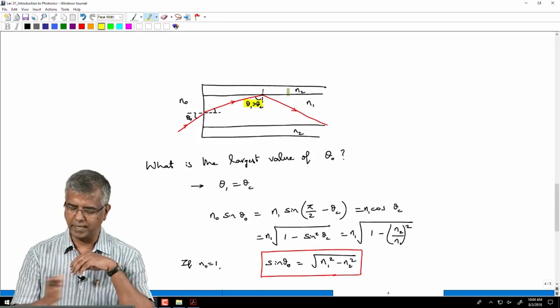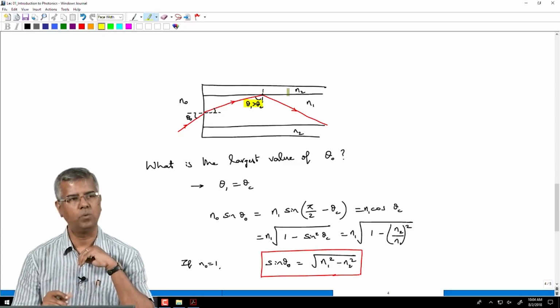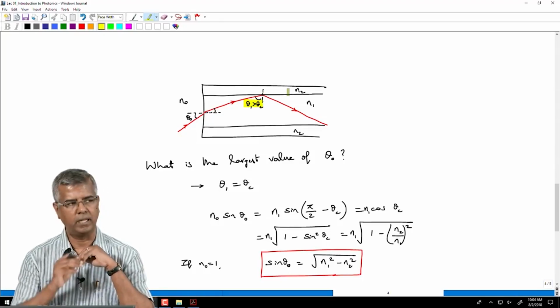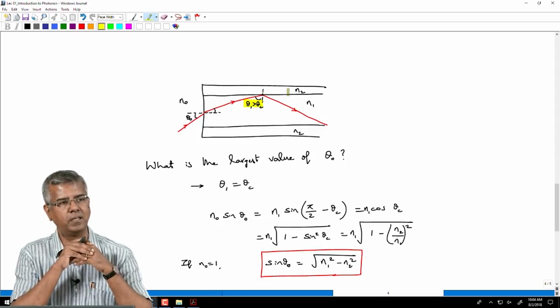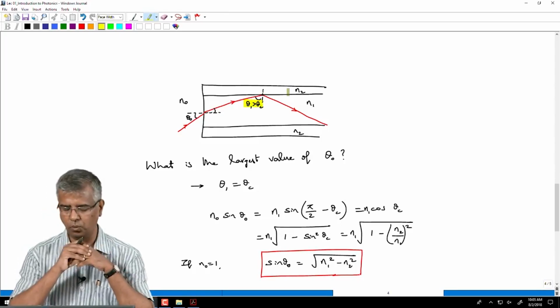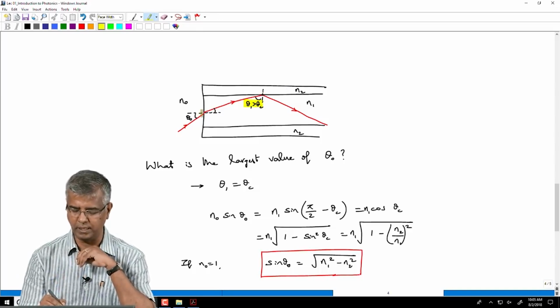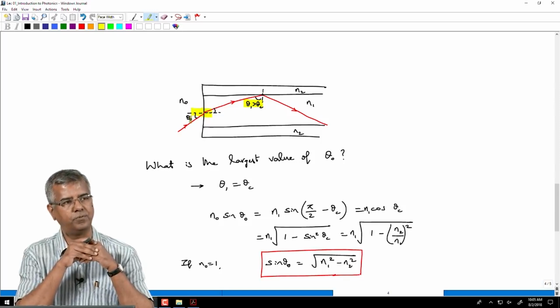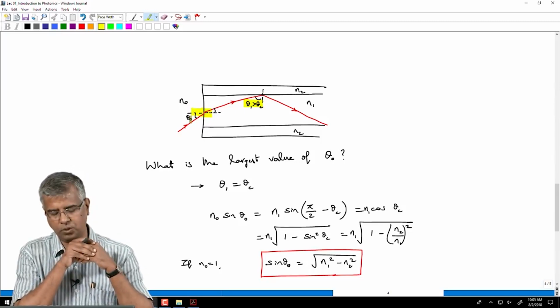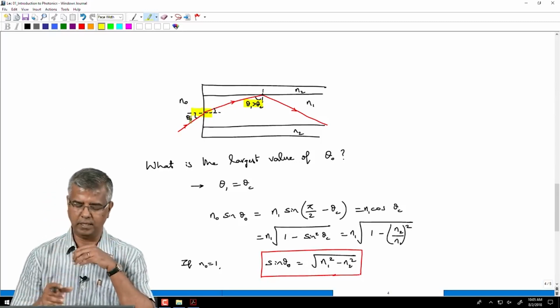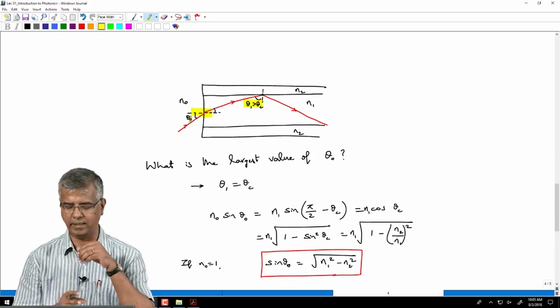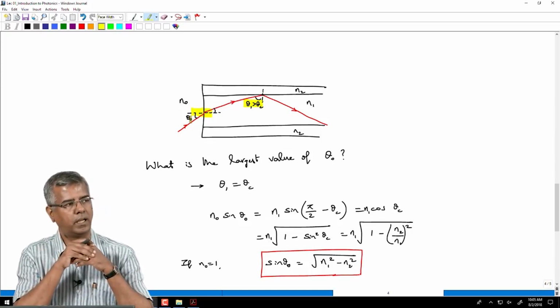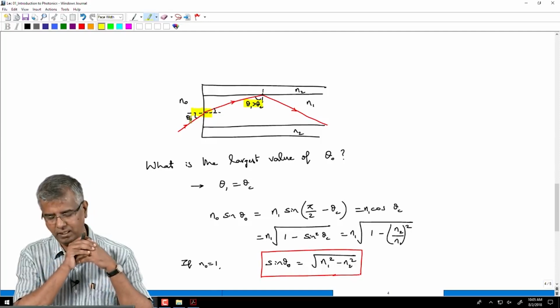And then if you trace it back and see what that means as far as the launch of light into this structure is concerned, you will have to essentially look at what is happening at this interface over here. Typically the outside medium is air, and then you are going into a glass material, let us say with a refractive index N1.